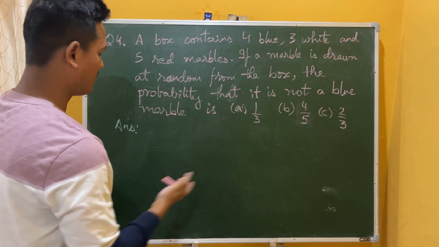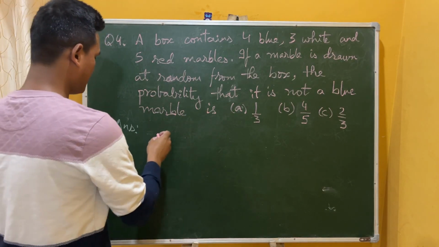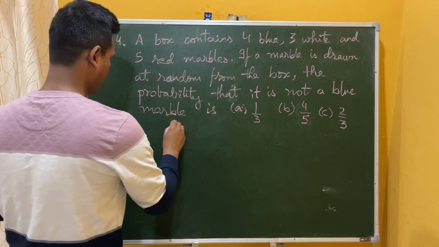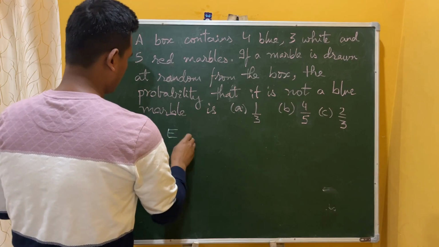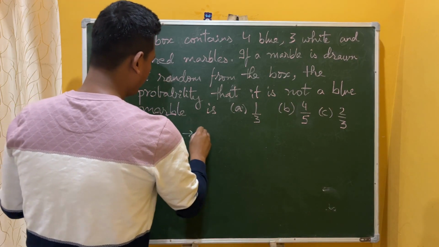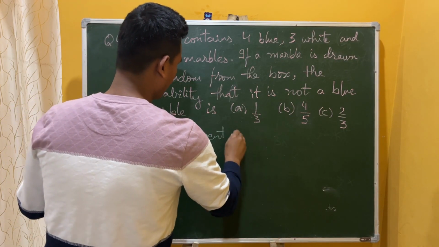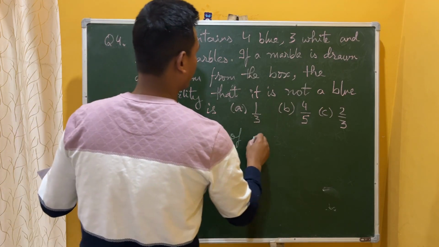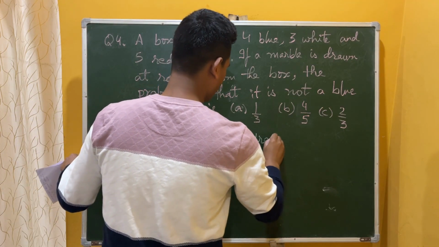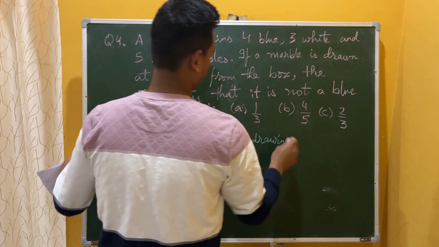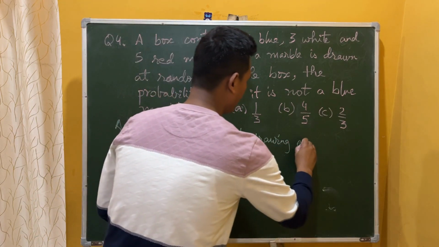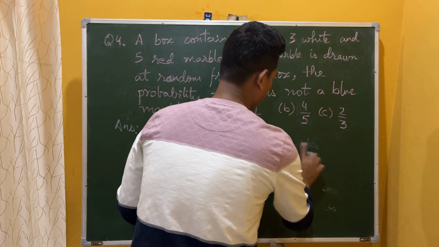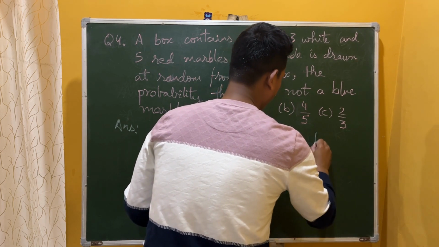Okay, so we'll have to find, let's say, let E be the event of drawing a blue marble.